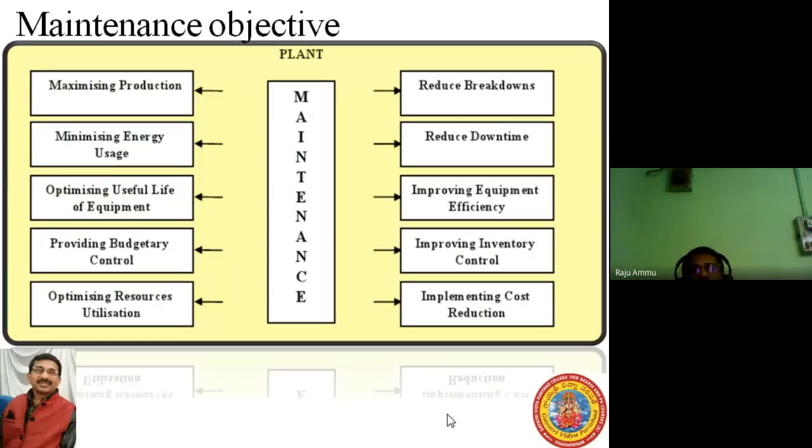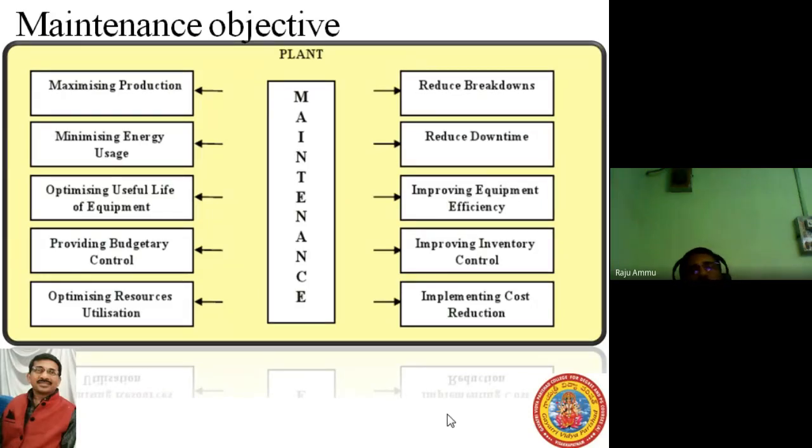Now why is it like that? There may be a maintenance problem, that may be the reason. If you are continuously maintaining it, definitely you will have a minimum usage of energy or fuel. That is what I mean.